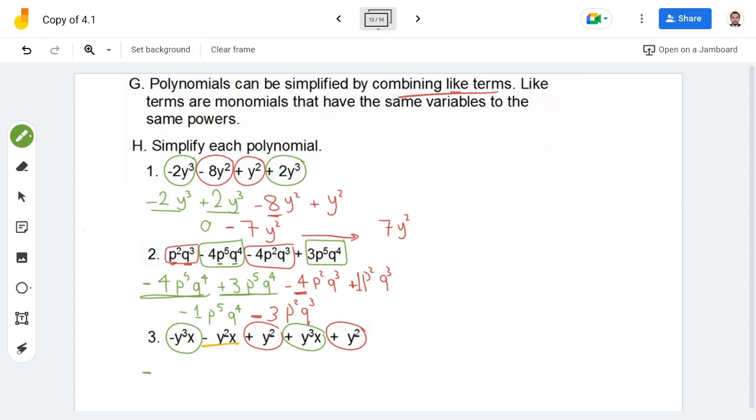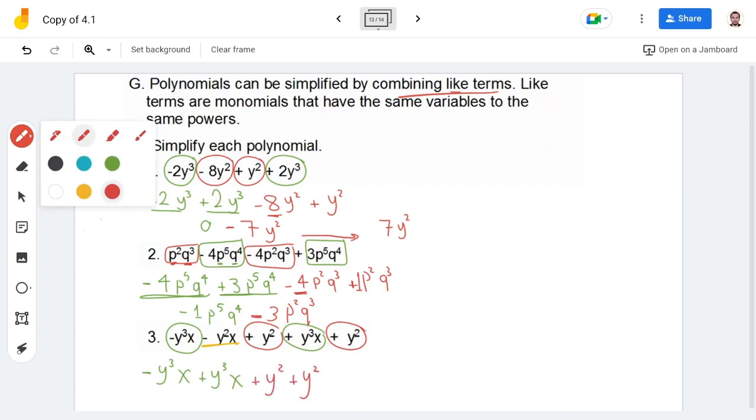So as you can see here, negative y^3x, and here plus y^3x. Then we have plus y^2 plus y^2. Then the last one, negative y^2x. Okay, now let's combine them.